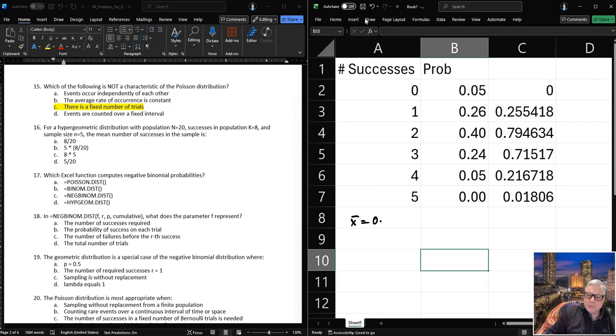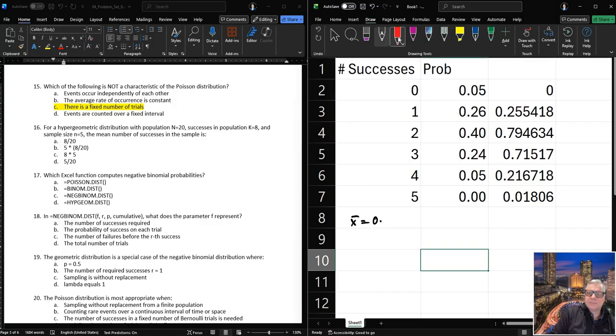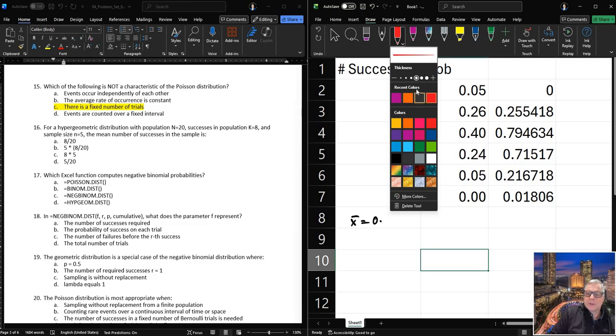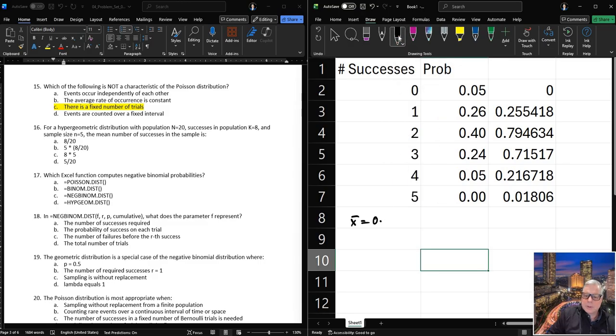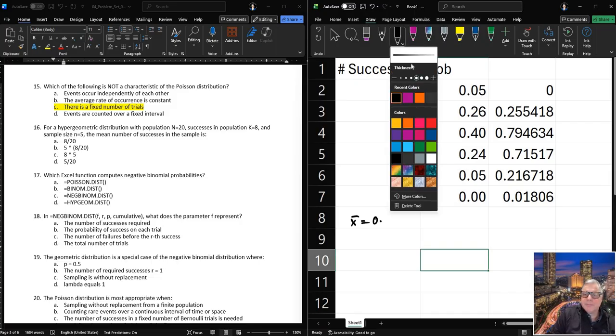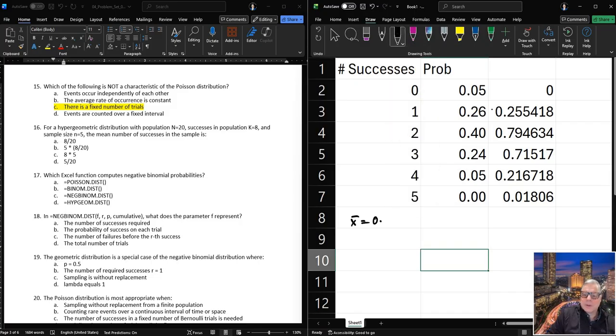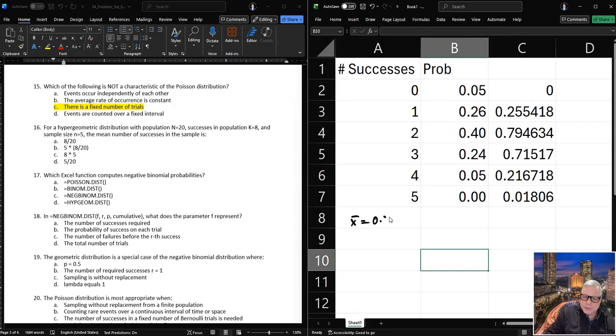So we did 0.05 times 0 plus 0.26 times 1 plus 0.40 times 2 plus 0.24 times 3 and so on.